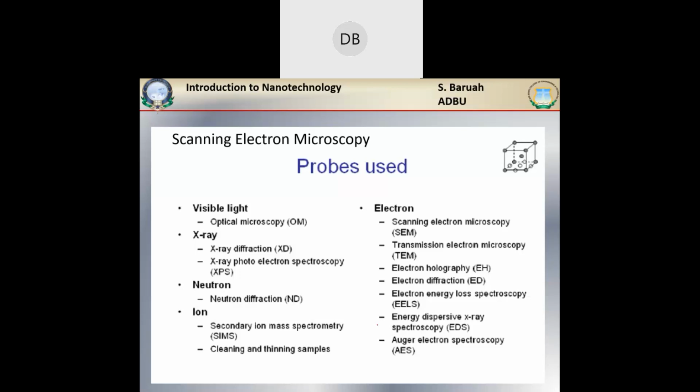So these techniques, if I get time, I will explain in detail. X-ray diffraction is again a form of spectroscopy. Now, what is spectroscopy? Spectroscopy and microscopy are different, okay? In microscopy, you have an image that you can see, a picture, a photograph.